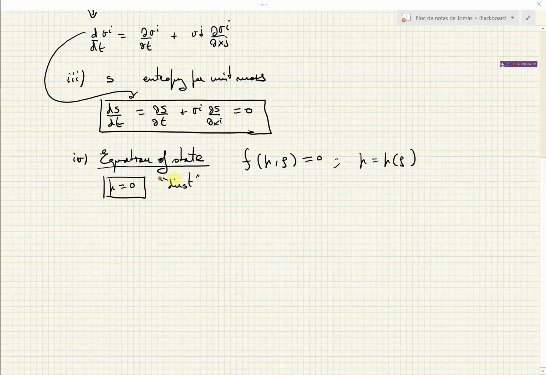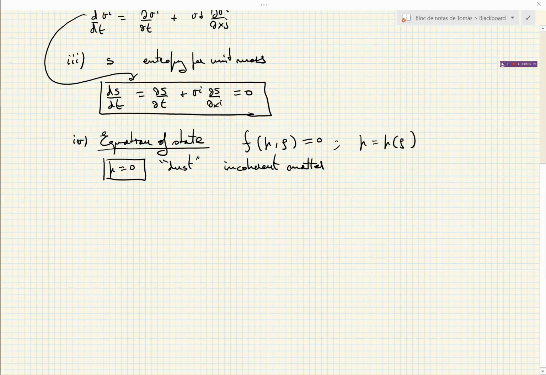It is incoherent matter. And indeed, there are bodies or fluids that really adapt to this description in some approximation.